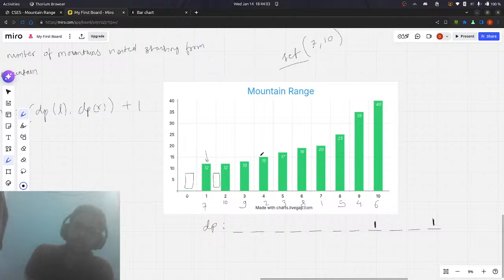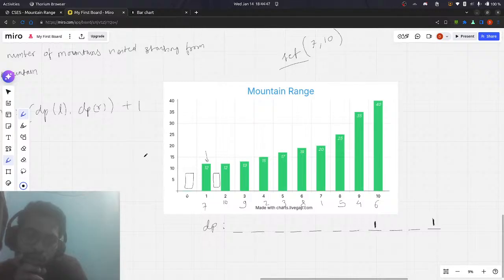Okay, so for 13 what we'll do, we cannot do a left check, right? Because if we do a left check, then that means we are able to go to a value which we are not supposed to go to, but I don't think it matters.